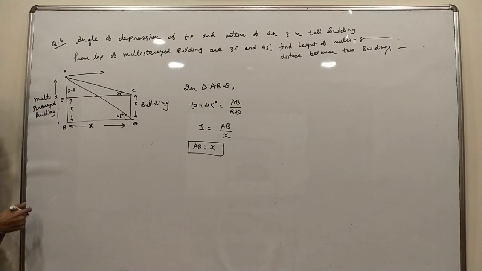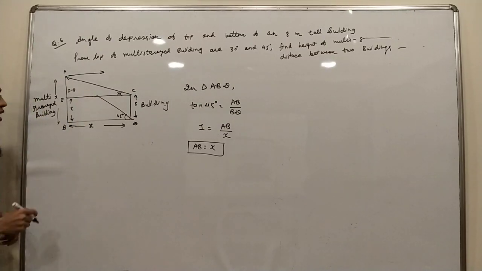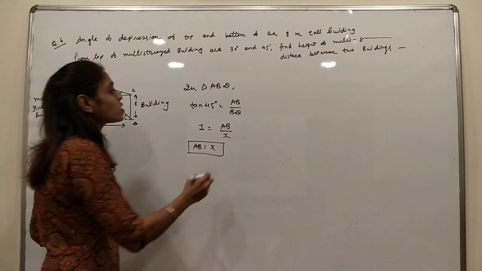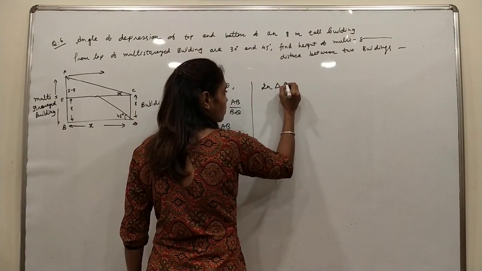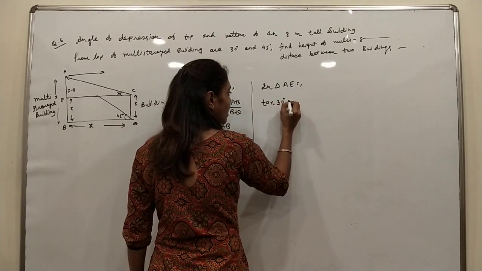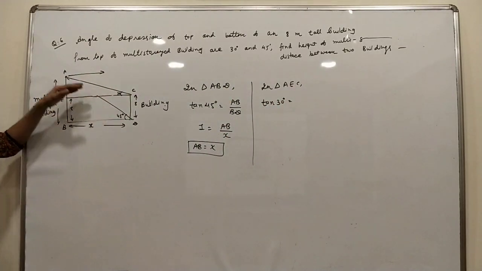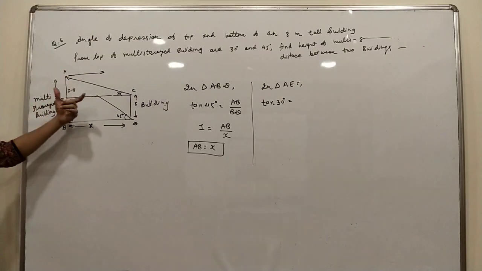Got it? Now for the second angle, take the triangle AEC. In triangle AEC, tan 30 degrees is AE, that is P by B, AE upon EC.